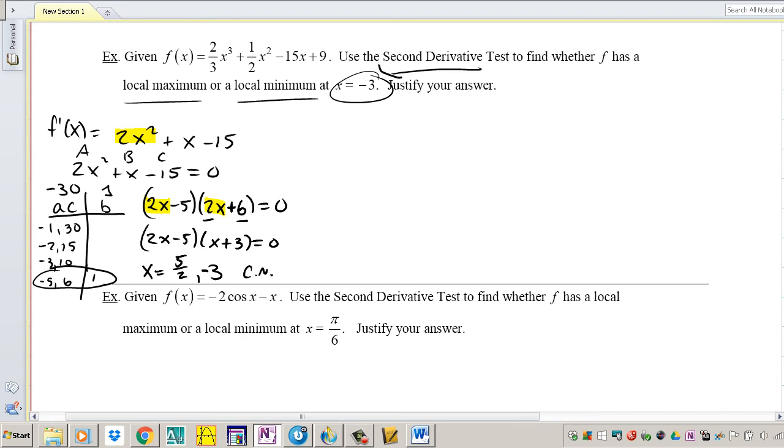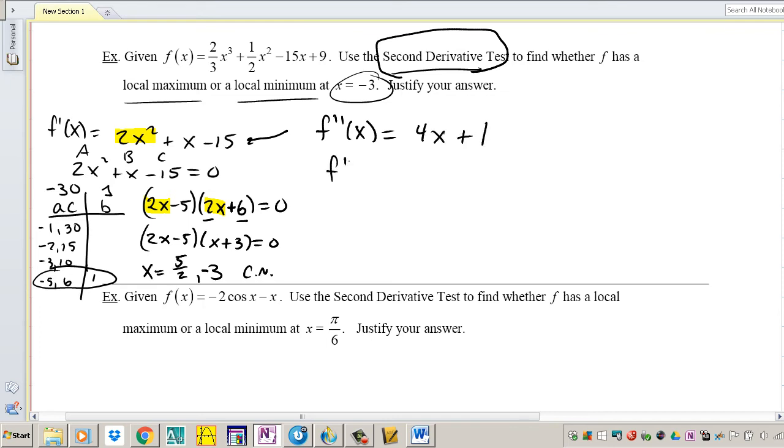Second derivative test says use the critical numbers, plug them into your second derivative, and determine the signs, and that'll give me your max and your min, or in some cases maybe it wouldn't work. So let's find our second derivative. The second derivative is the derivative of the first, so it's going to be 4x plus 1.